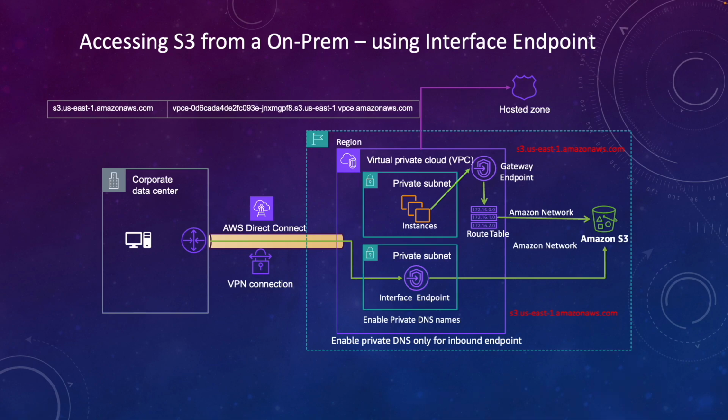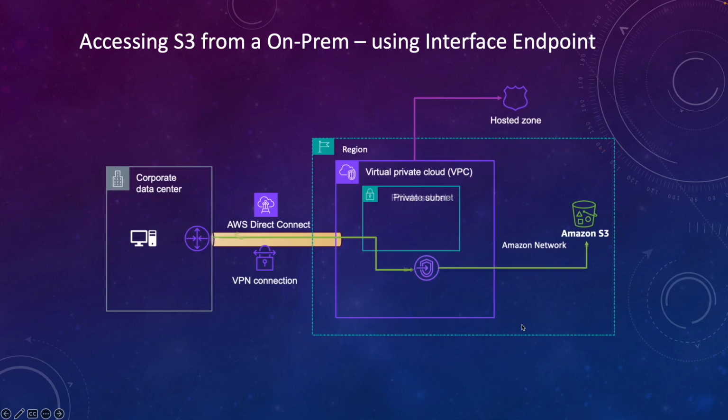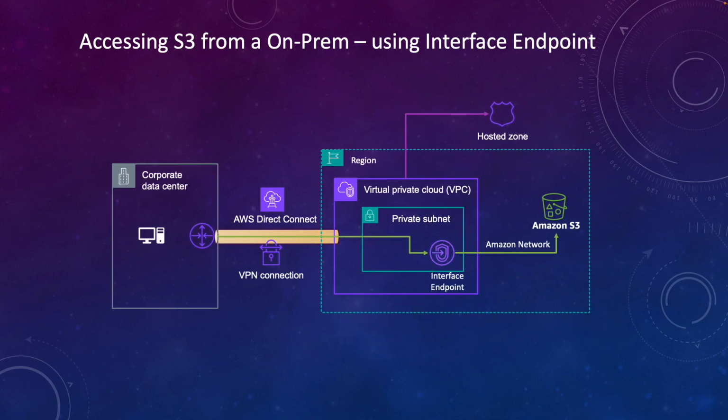The second step: my corporate data center, if it tries to resolve this DNS name, is still resolving to a public IP address. How do you solve that? For that, we can create a resolver inbound endpoint, and we can update the DNS resolver in my corporate data center saying that any request for that S3 DNS name will go to my resolver inbound endpoint.